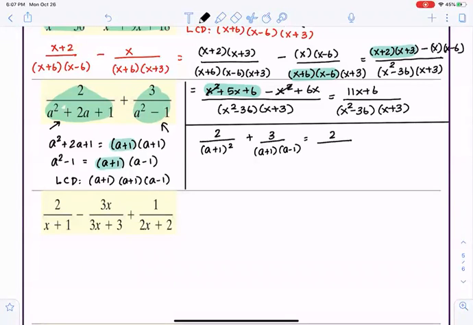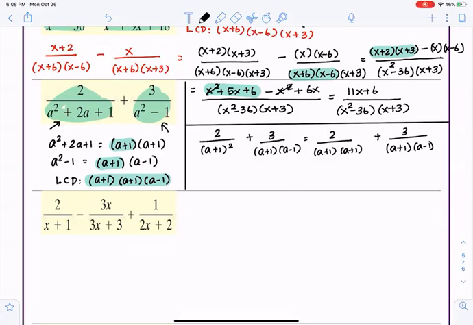In the first denominator, I have a plus 1, a plus 1. In the second denominator, I have a plus 1 times a minus 1. Going back and looking at the LCD, for the first denominator, I see a plus 1, a plus 1. What's missing?